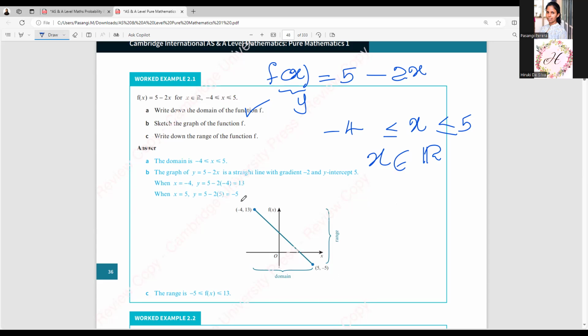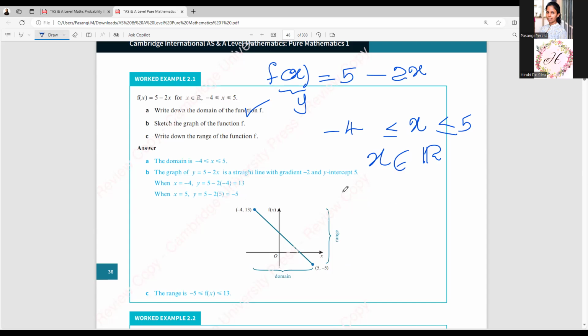When we drew it, we already know. Here we have the minimum point, though we can't quite say it as a minimum point. When x is 5, we get -5 as the y value. When x is -4, we get the y value as 13.